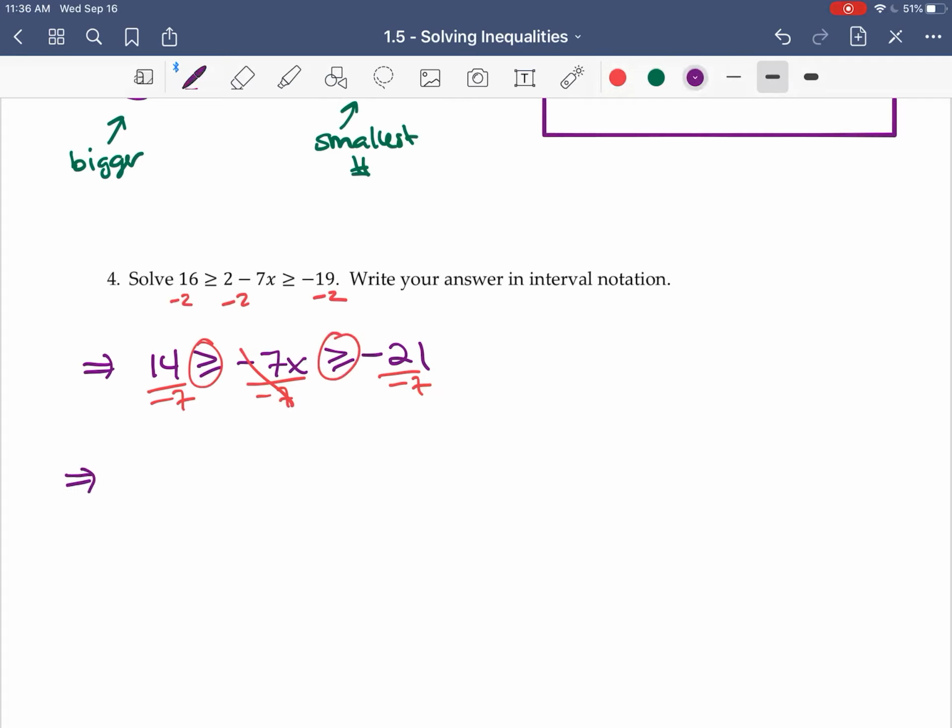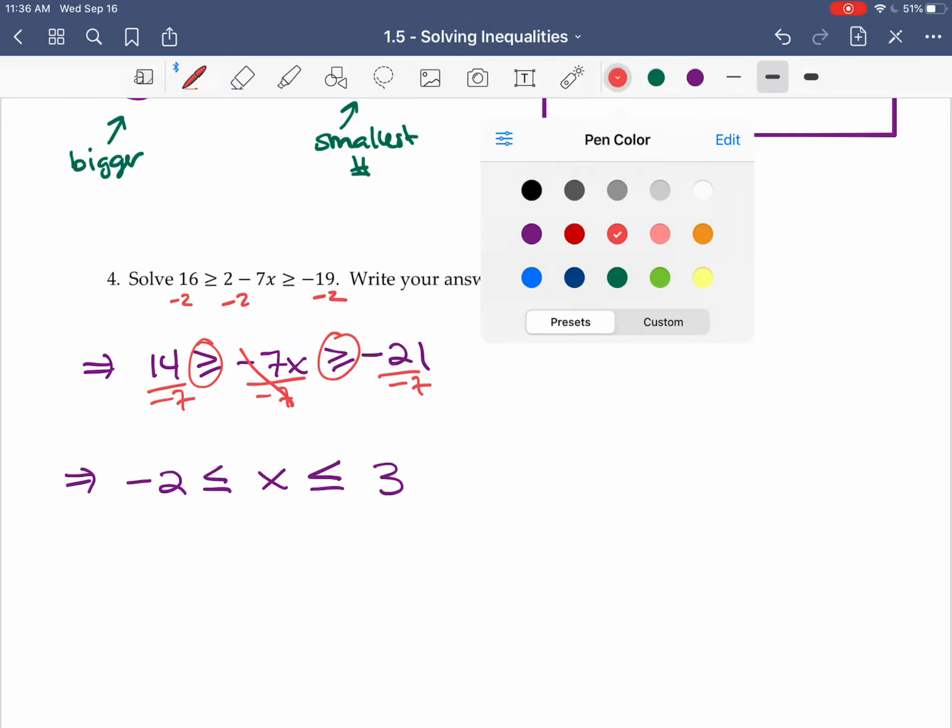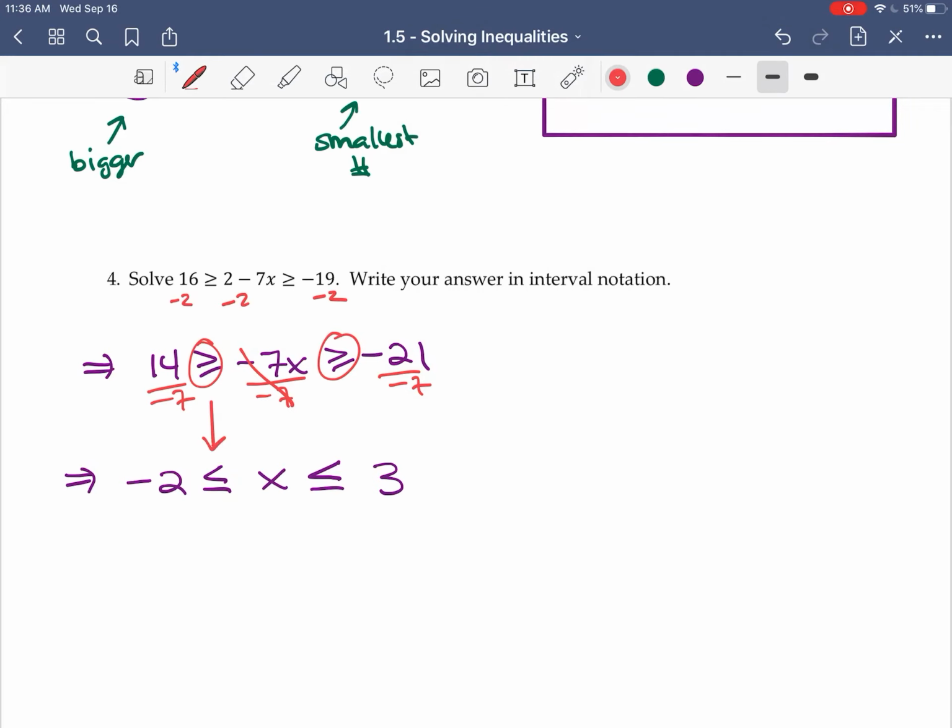So 14 divided by -7 is -2, is less than or equal to x, which is less than or equal to -21 divided by -7, which is +3. We flipped both of them because we divided by a negative.